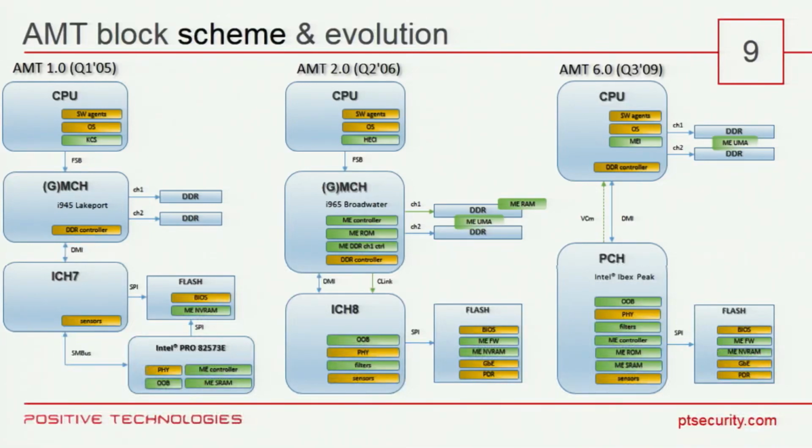It received the rewritten firmware, which was stored in the SPI flash region. Part of the functions as ROM remained, but these functions are really limited, and they are only required to check the integrity of the main firmware.